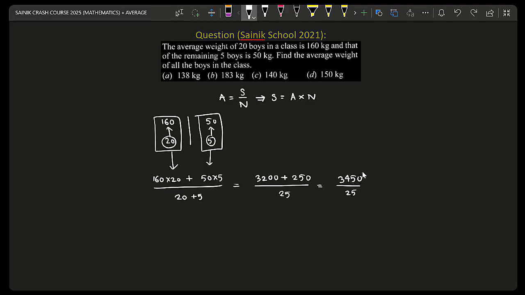Can we directly divide by 25? 34 minus 25 is 9. Bring down 5, 9 and 5 becomes 95. 25 table 95. 25 threes are 75. Okay. 95 minus 75.